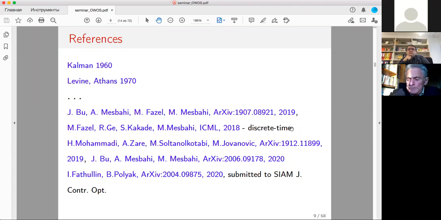They got theorems on global convergence of the gradient method, and this was continued in this paper. And these three papers relate to the continuous time case. I'll tell about these results a little bit later.